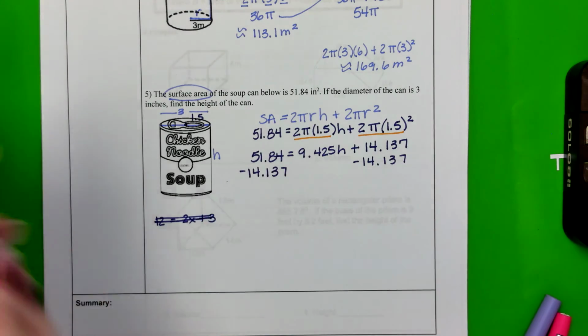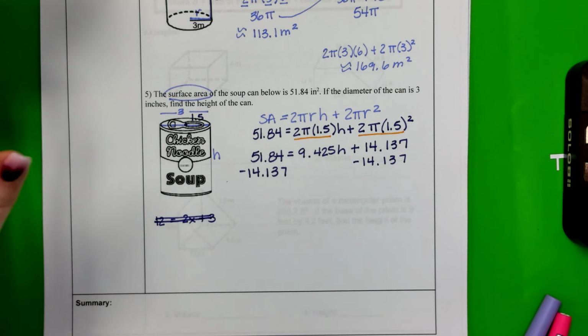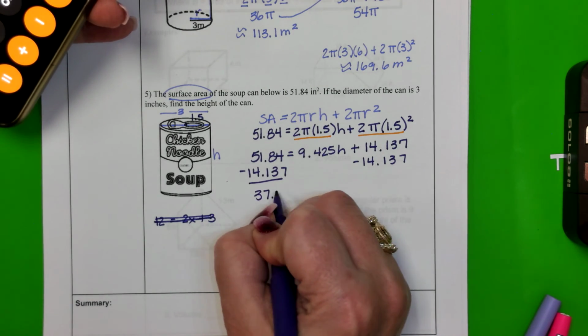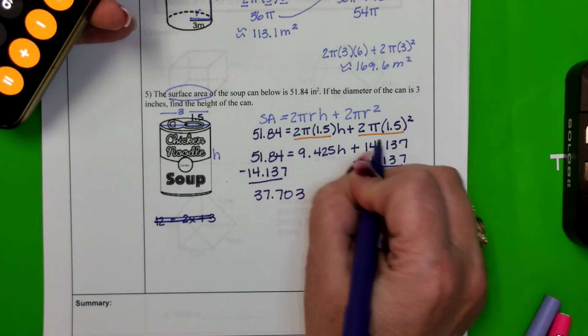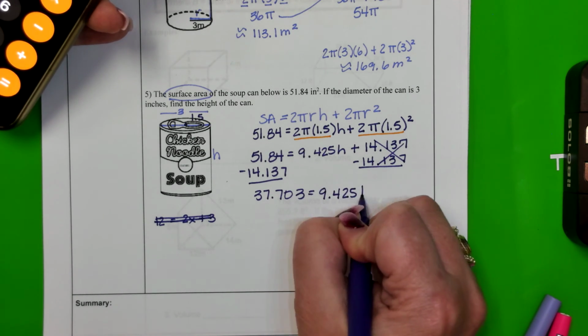So if I take 51.84 and subtract 14.137, I get 37.703, that cancels out, equals 9.425h.